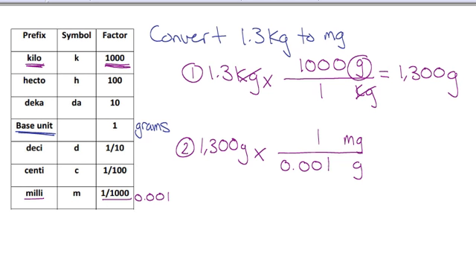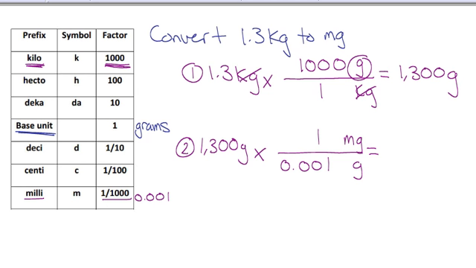Notice our conversion factor is now on the bottom. So because it's on the bottom of the fraction, it means what we're going to be doing when we multiply, so 1,300 times 1 over, or 1 divided by 0.001 grams. That's the same as multiplying by 1,000. And you can check that on your calculator.